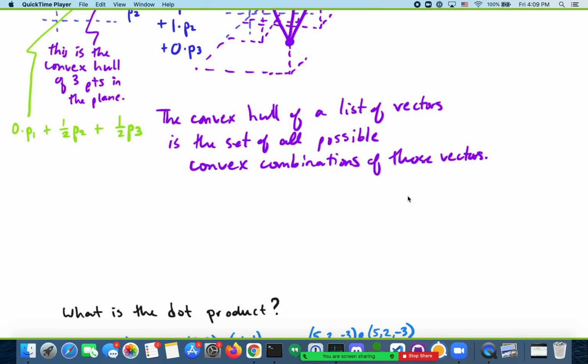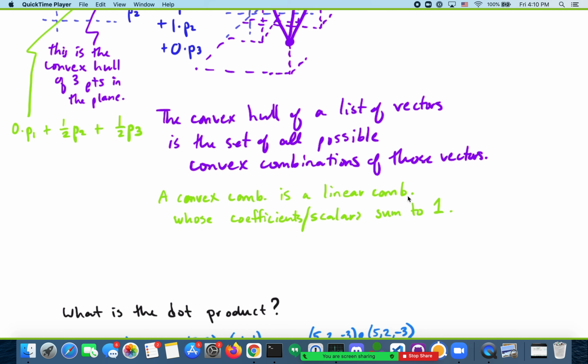So what is precisely the case is that a convex combination, convex comb for short, is a linear combination whose coefficients, which is just another word for scalars, sum to 1.